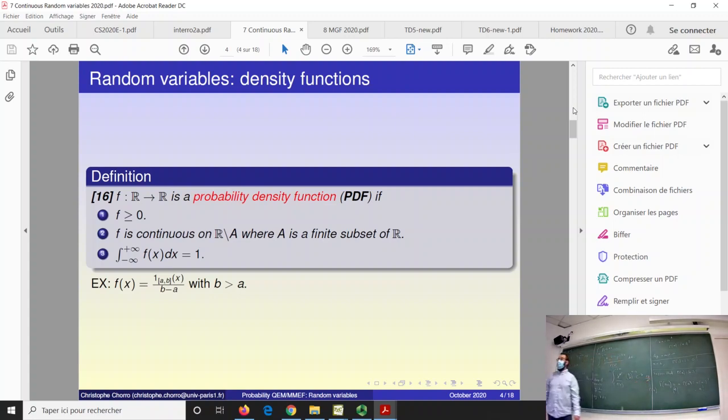I have a simplification between all the lambdas. And at the end, I obtain the integral between 0 and plus infinity of y alpha minus 1 exponential minus y dy over gamma of alpha. But by definition of gamma of alpha, this is equal to 1.